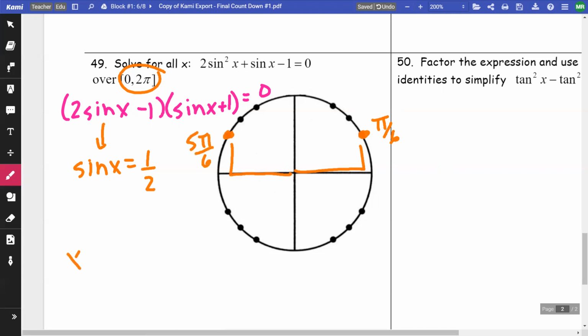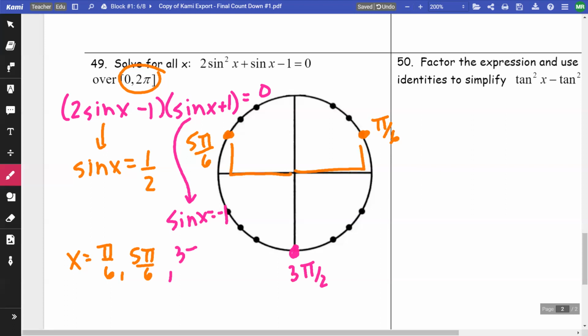So I've got so far pi over 6 and 5 pi over 6. And then I'm going to set this one, and so this would be sine x equals negative 1. And your sine is negative 1 down here at 3 pi halves. At 3 pi halves. And this is your answer.